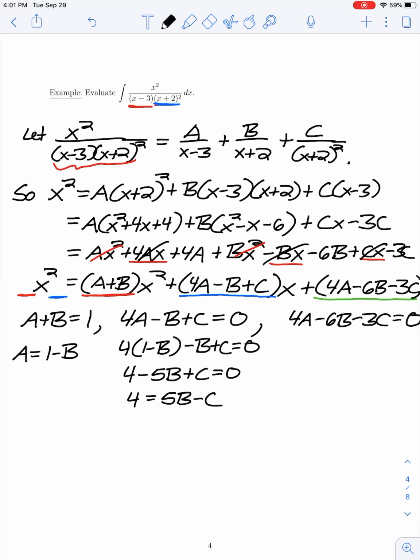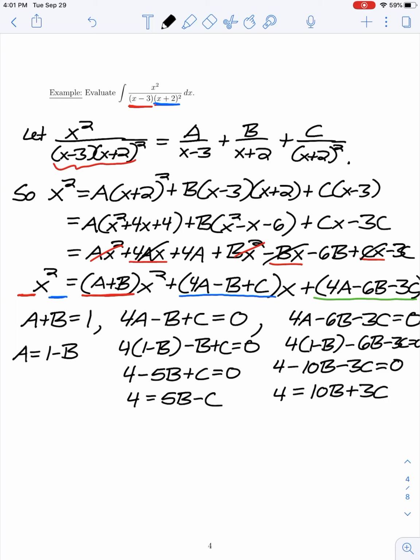Now substituting that expression for a into my third equation, I have 4 times a, which is 1 minus b, minus 6b minus 3c is 0. And this reduces to 4 minus 10b minus 3c is 0. Or equivalently, 4 is equal to 10b plus 3c. So looking at my last two equations here, they now only involve b and c.